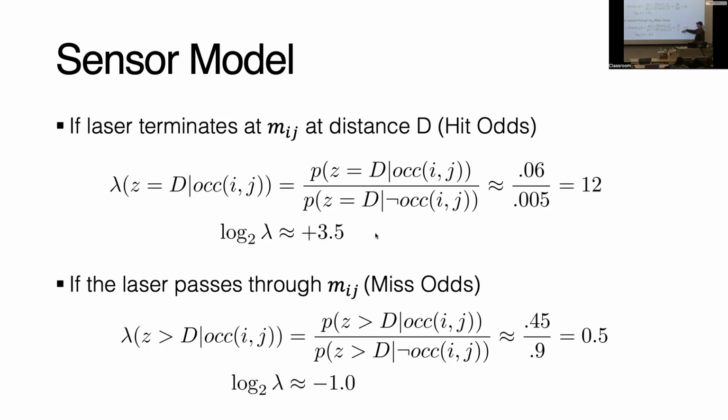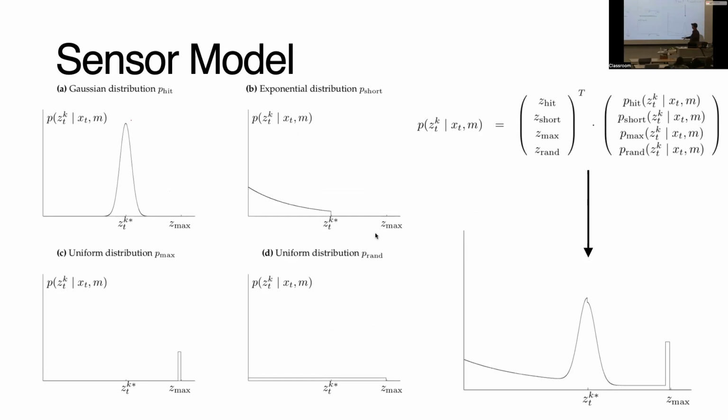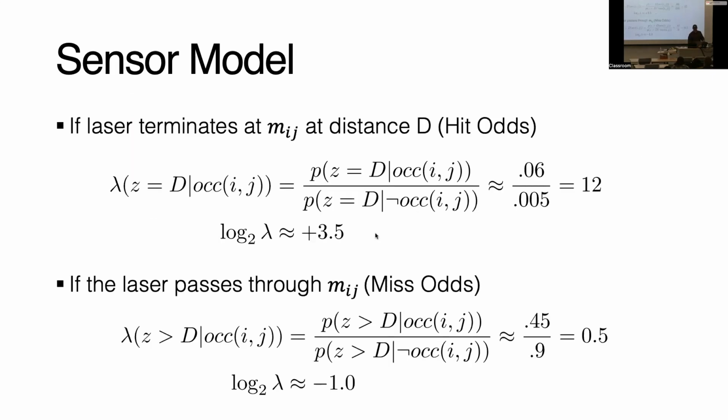And we choose by looking at how much of this distribution we would have if we pass through some cell, like the probability of doing that versus the probability of passing through when it is not occupied, right? And we'll get some number and we can take the log odds.